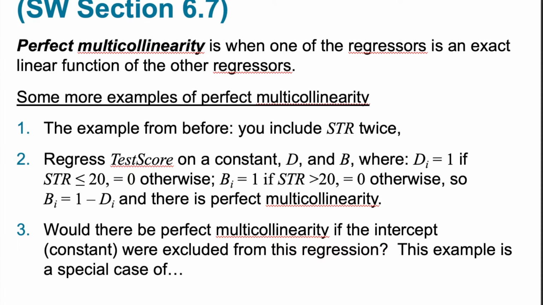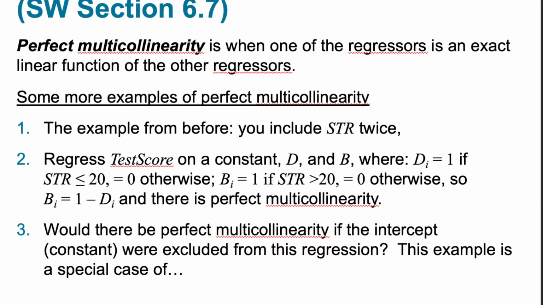This means that B_i is equal to 1 minus D_i, so they're going to move in lockstep with each other. They have a perfect linear relationship, a one-to-one relationship. And there is perfect multicollinearity between these two variables if you include both D and B in the regression for test score.